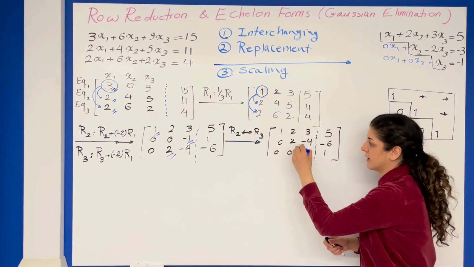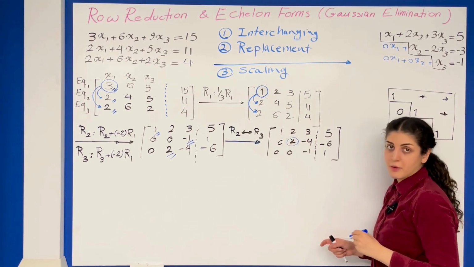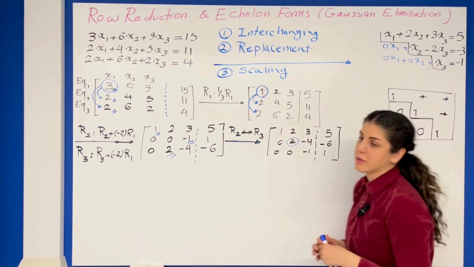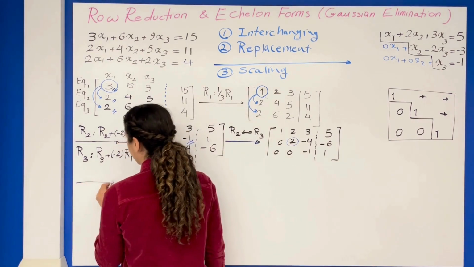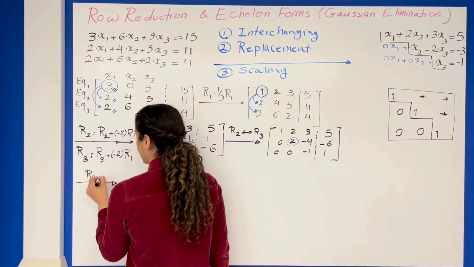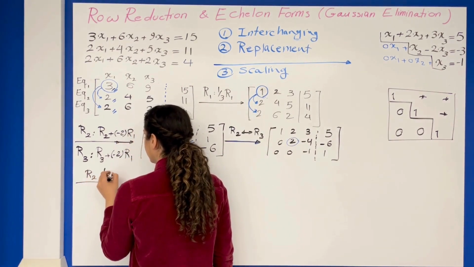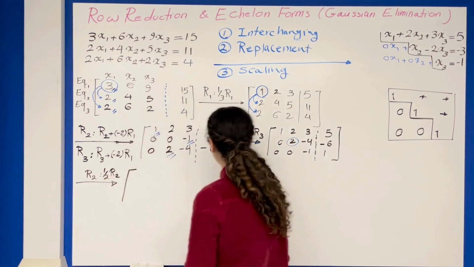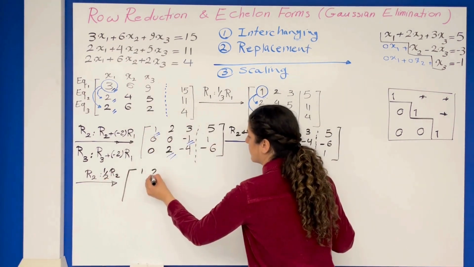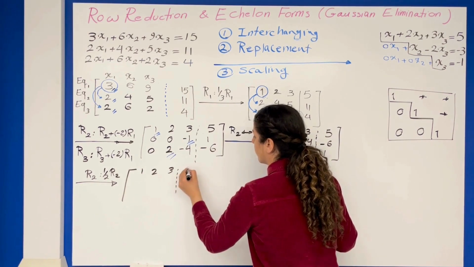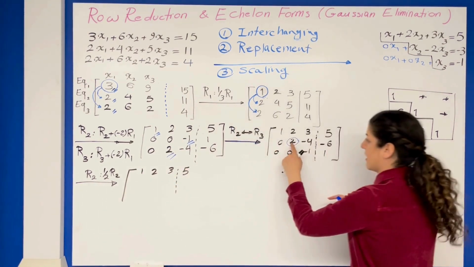Now, this is 2. I'm going to normalize it to make it 1. So I'm going to use scaling. So row 2 is being scaled by 1 over 2. So the new matrix looks like this: 1, 2, 3, 5. Divide everything by 2.